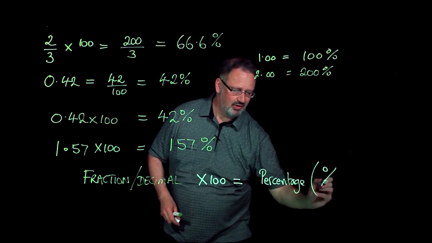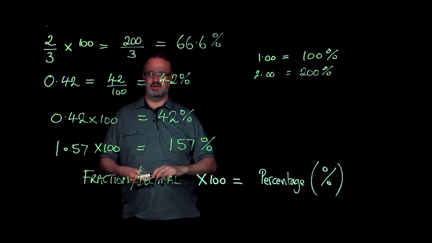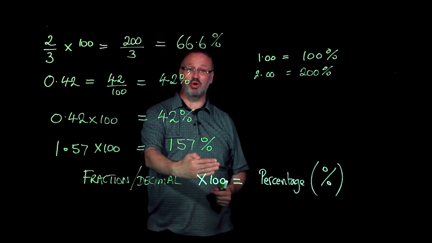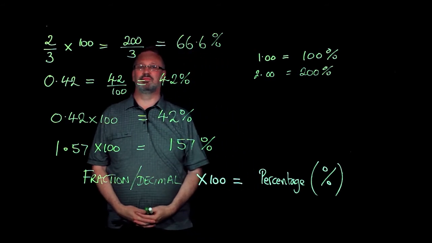And I'll put that in this little bracket there just as a reminder. So my general rule, take my fraction or decimal, multiply it by 100, and this gives me my percentage.